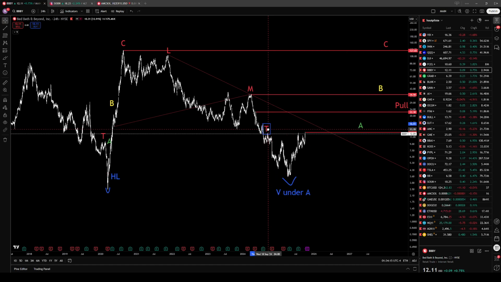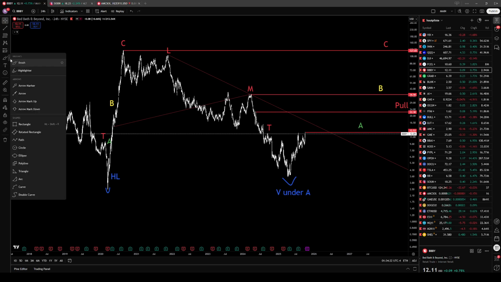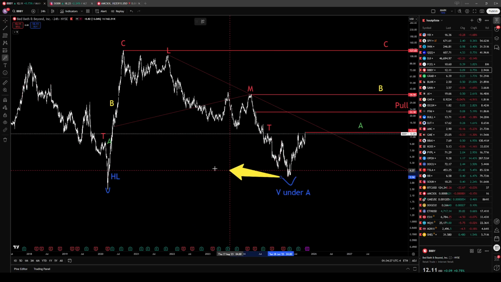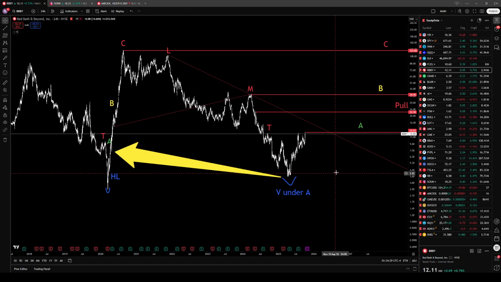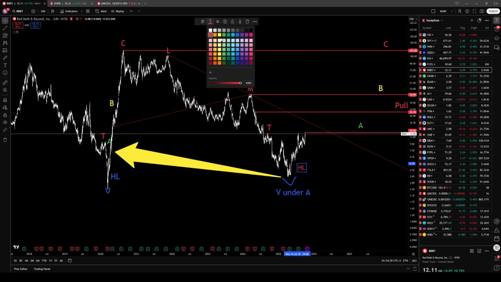For the bullish variant, because I'm really 50-50 on this, we already did our T. We already did our V under A. Let's show this. We already did our V under A. Higher low, right? I didn't point this. So higher low, we would already have done higher low.